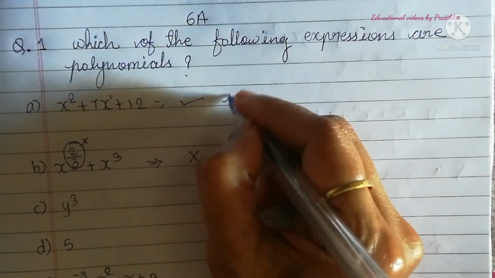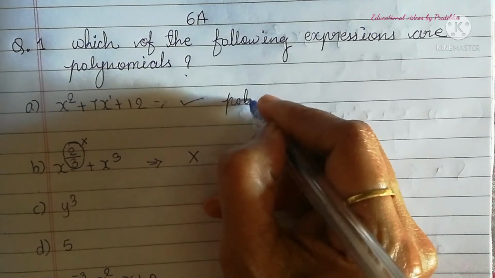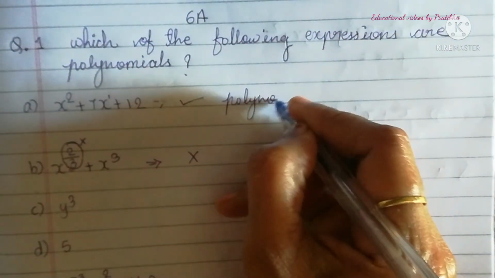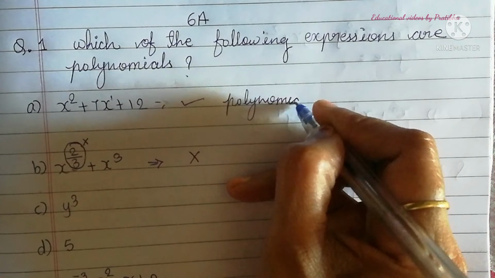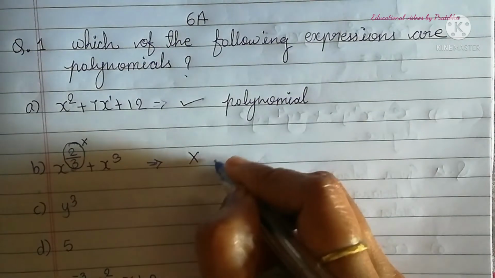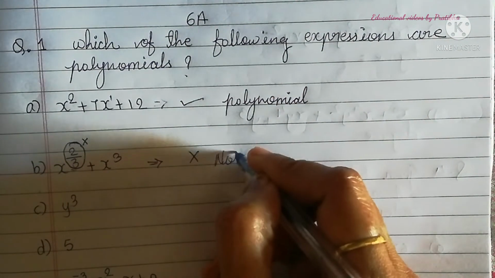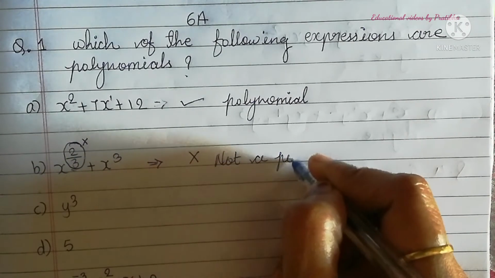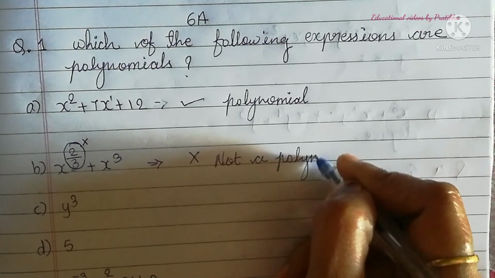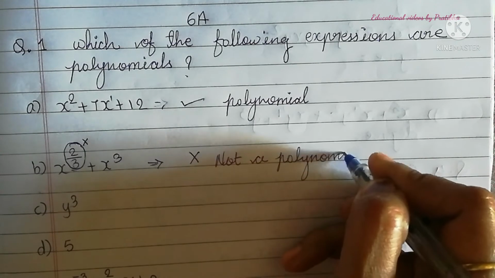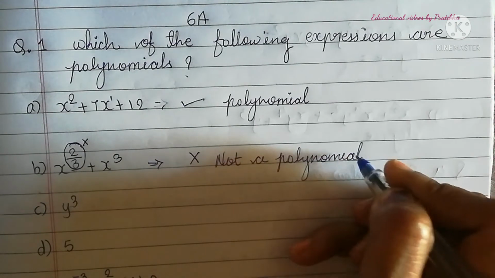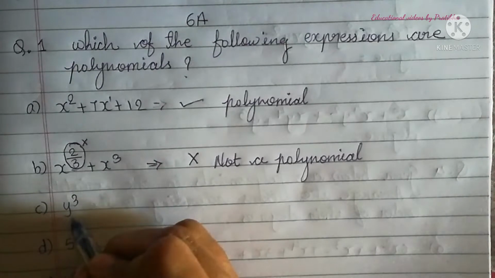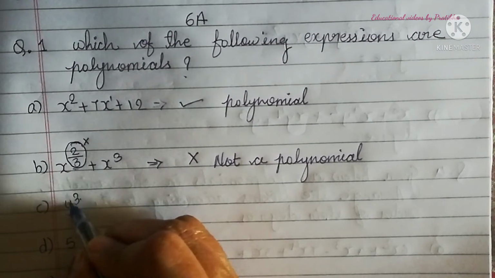So I am writing it for you. This is a polynomial, since all the powers are positive integers, and this is not a polynomial because the power of the first term is in fraction. The variable is having fractional power. Now the third example, y cube.